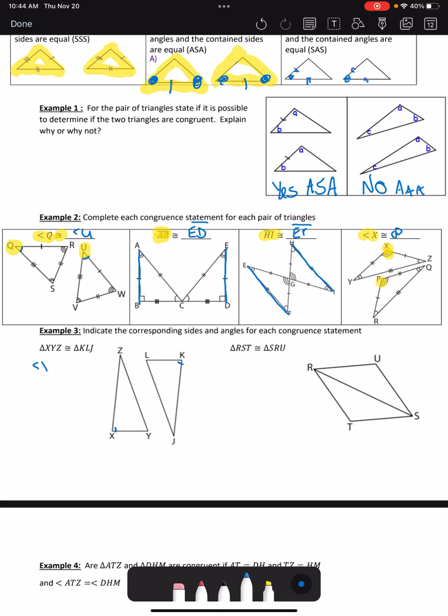Angle X equals angle K. And then we know J, this time I'm going to use 2 loops, is congruent with Z. So angle J is congruent with angle Z. And then finally, Y, and I'll use 3 loops this time, is congruent with L. So I'm going to have angle Y equals angle L.